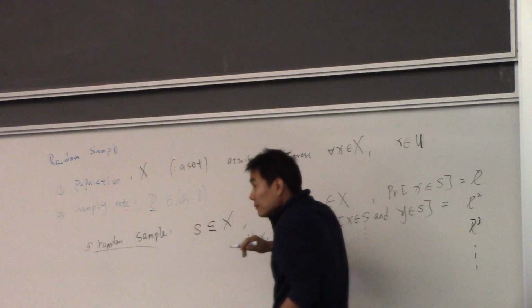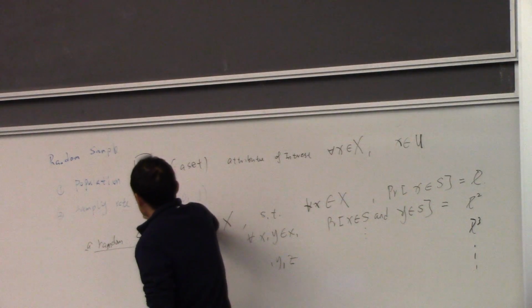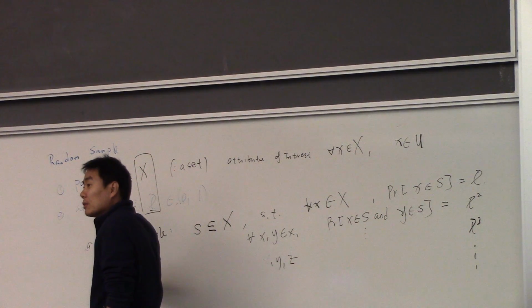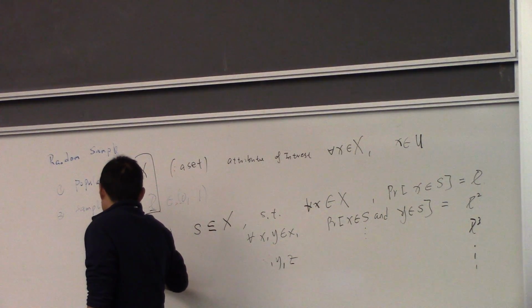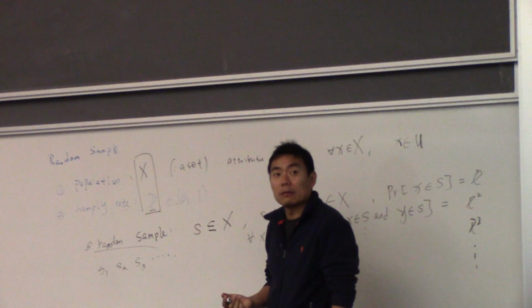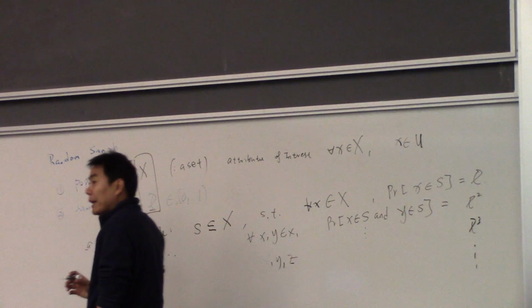However, given this setup, obviously you can have many different random samples. Many different choices you can make, right? How many possible choices you may have?